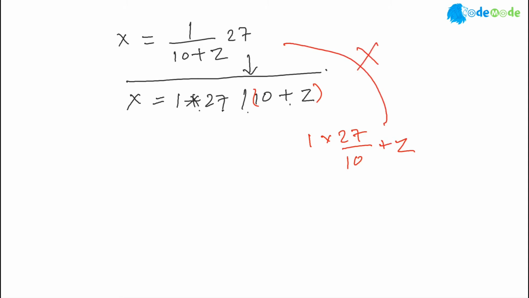Cool. Can I also write, I mean, you already got it actually, but I will write one more version. And this is for Akarsh. Can I say x equal to 1 over 10 plus z multiplied by 27?